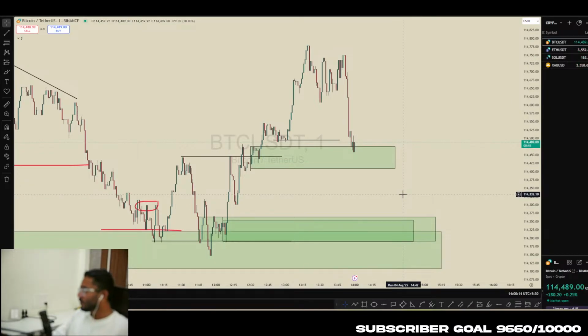Which app is good for backtesting? TradingView is good, but there is replay or something. I don't remember the name. FX Replay or something.